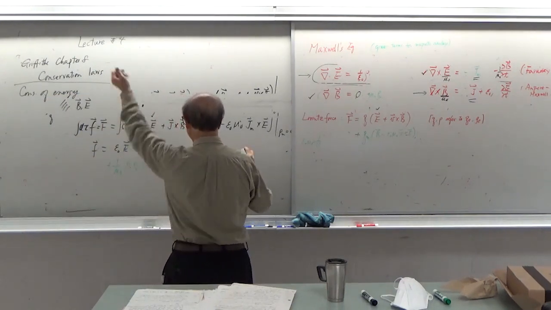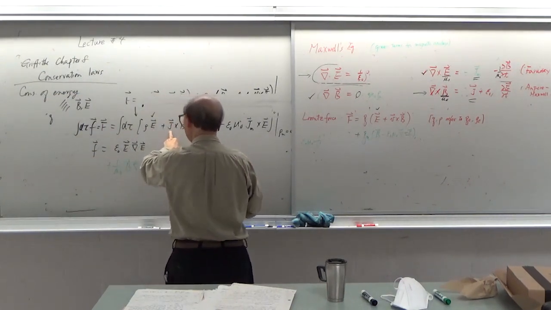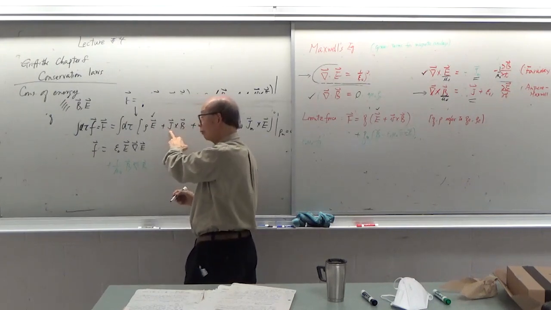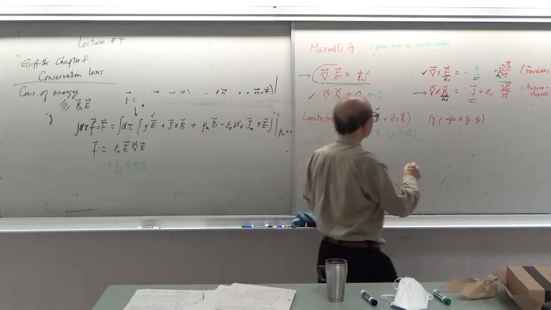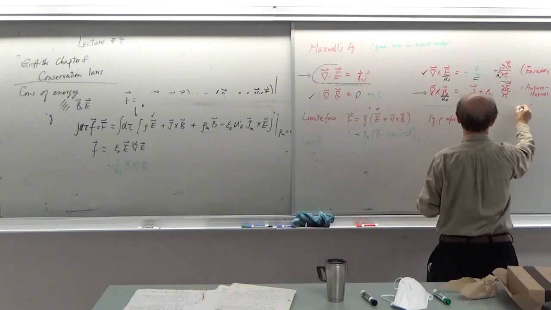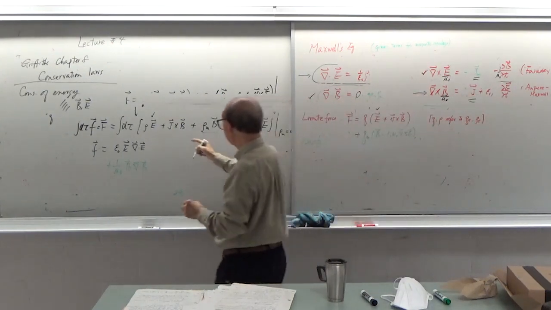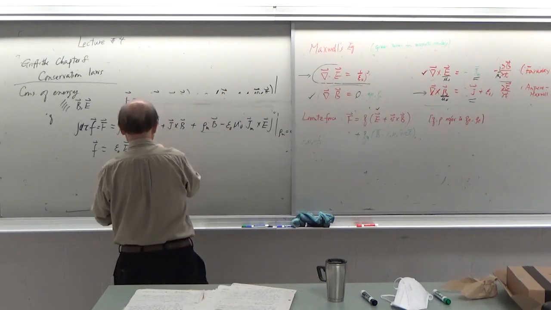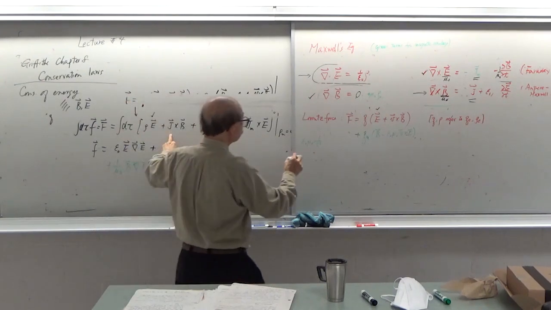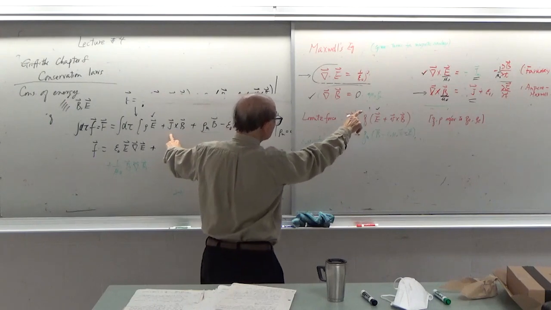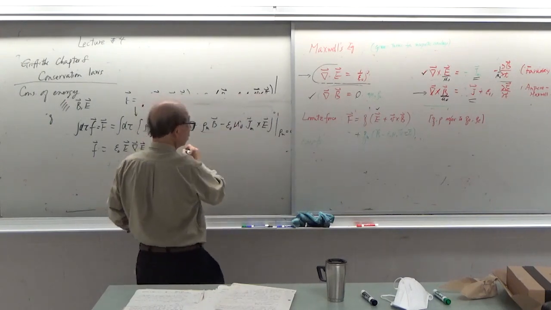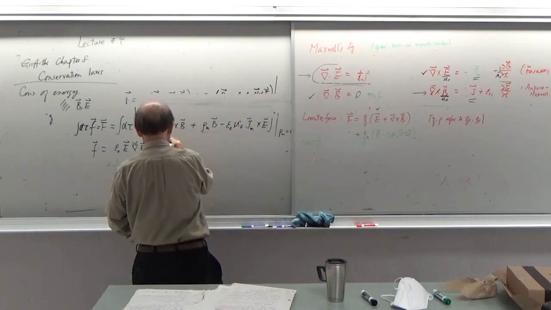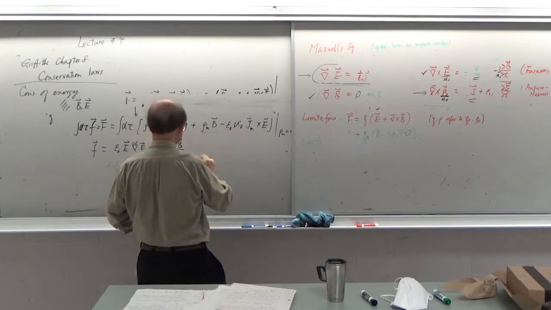Next, more complicated things. I now want to write J in terms of the field. J is the curl of B divided by mu naught.